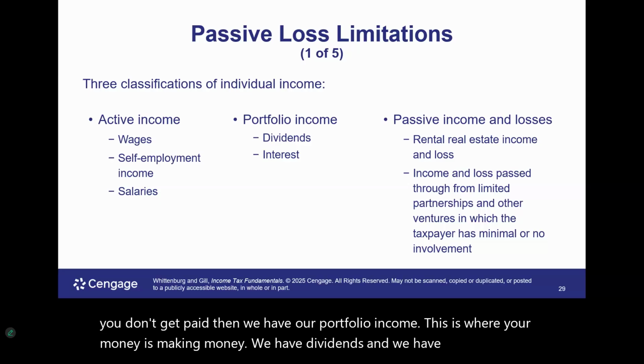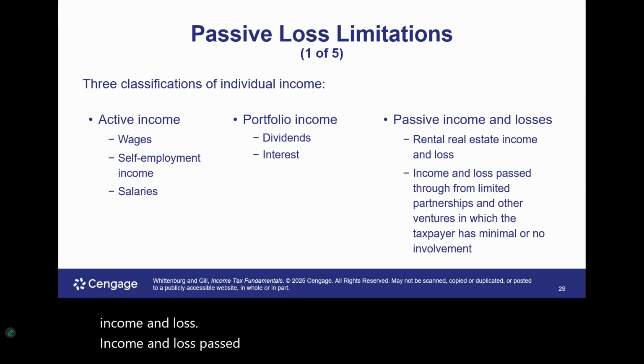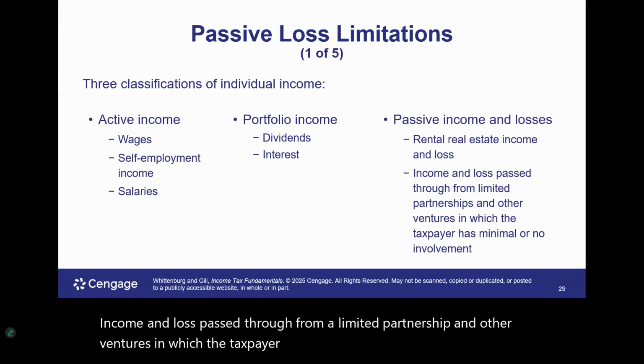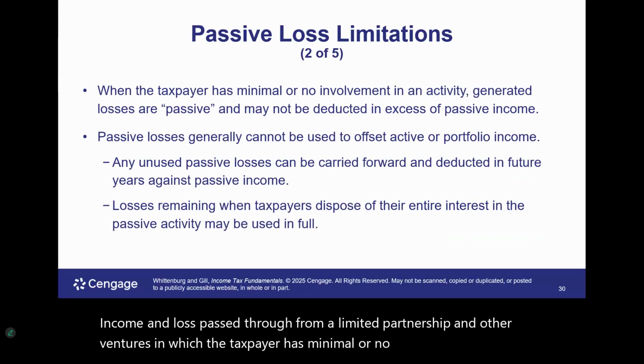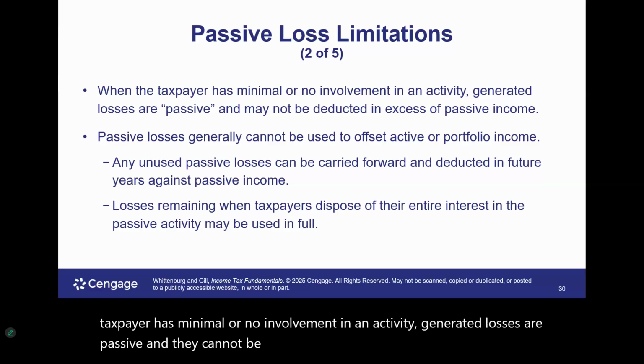And then we have our passive income and losses. This is rental real estate income and loss passed through from a limited partnership, and other ventures in which the taxpayer has minimal or no involvement. When the taxpayer has minimal or no involvement in an activity, generated losses are passive and they cannot be deducted in excess of the passive income.